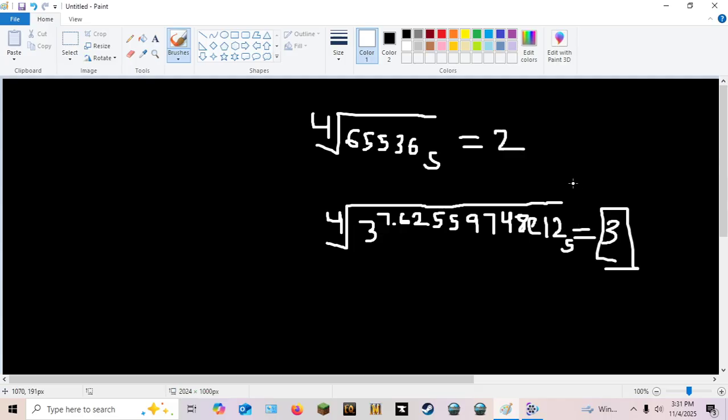So the super fourth root of 3 tetrated to 4, which is 7.62559748 E12, equals 3. Yep.